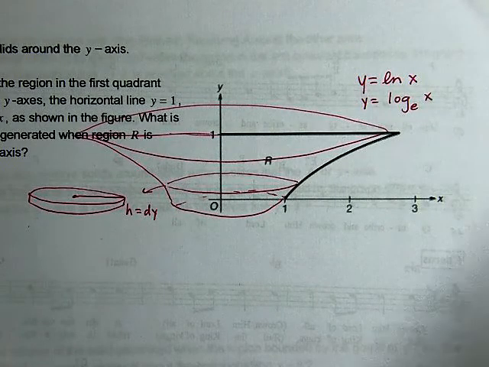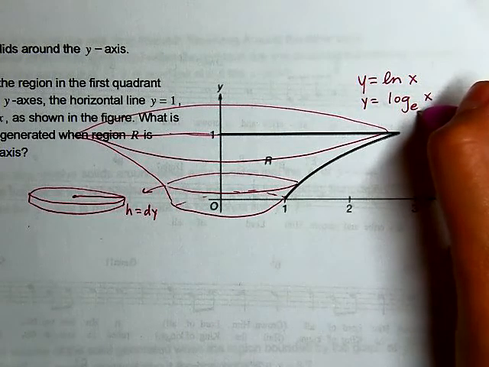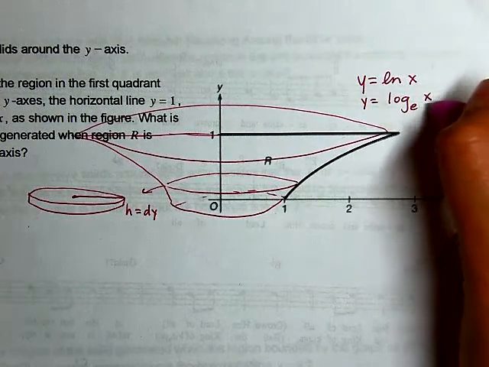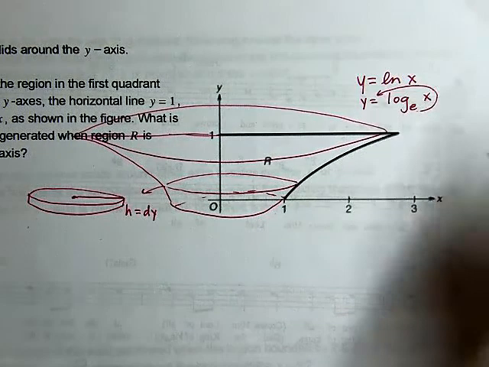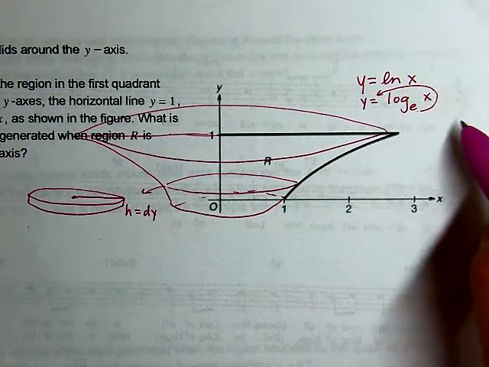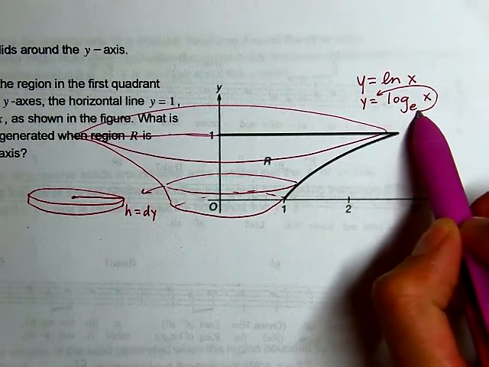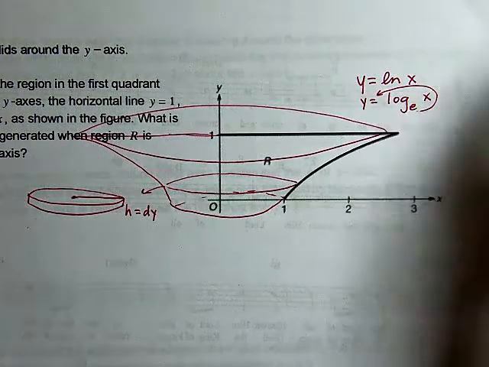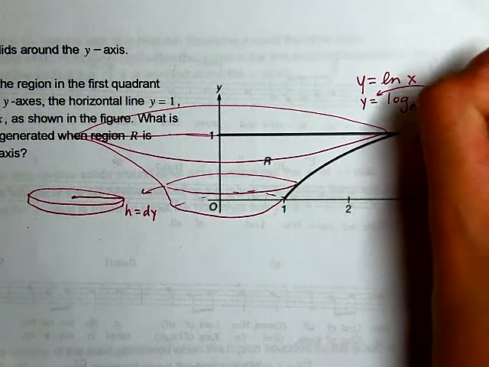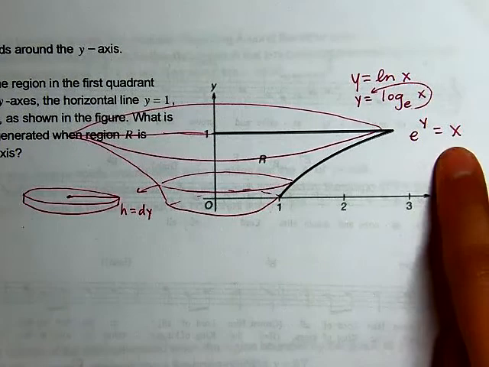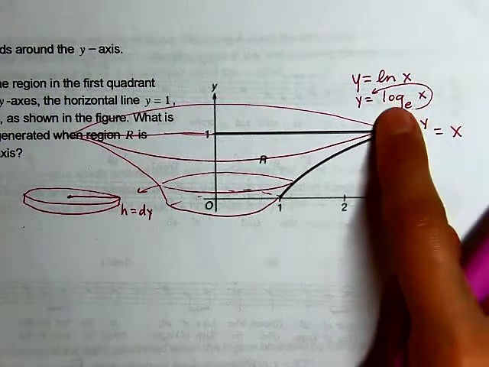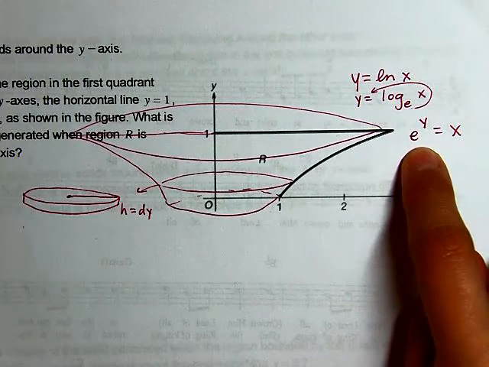And so some of you may have learned it as, in order to solve for x, some sort of arrow. I'm guessing you maybe learned it like this. If you had me for Algebra 2, I taught it as base answer exponent. So this means e to the y is equal to x. So that is actually solved for x. That's all it took, was just switching it from its log form into its exponential form.